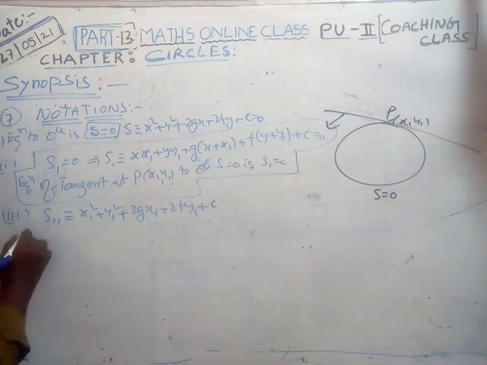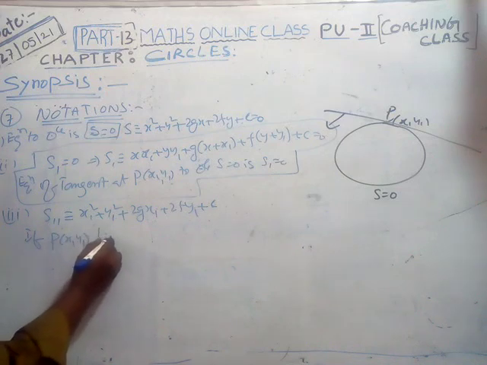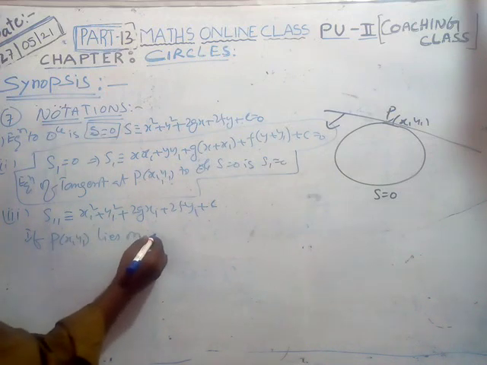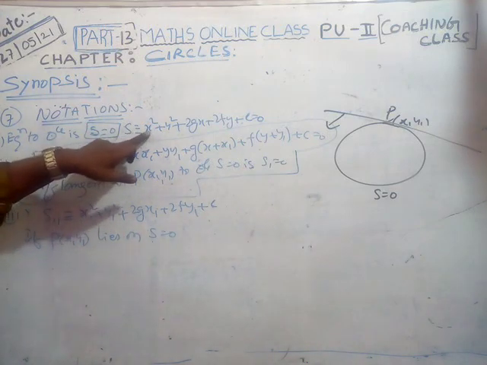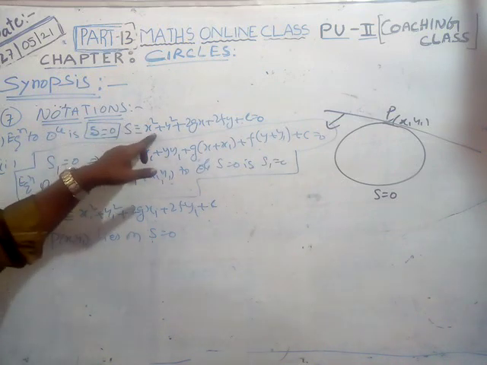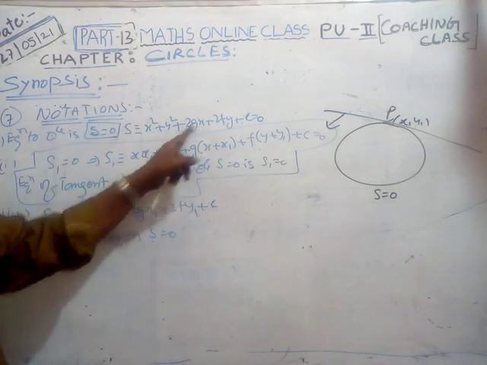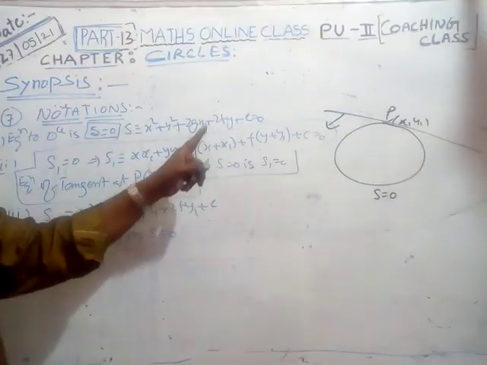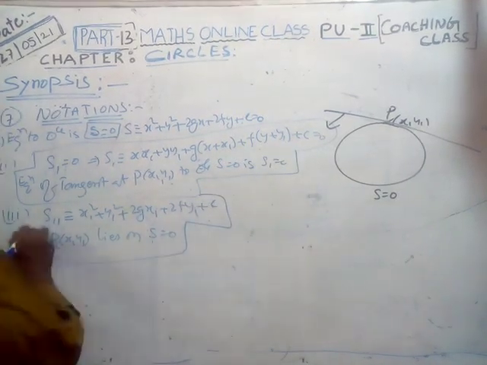That means if P x1 y1 lies on the circle S is equal to 0, this is the circle equation. If P is a point on this circle, it satisfies this equation: x1 square for x, y1 square for y, 2g x1, 2f y1 plus c. So that is one condition, one notation.